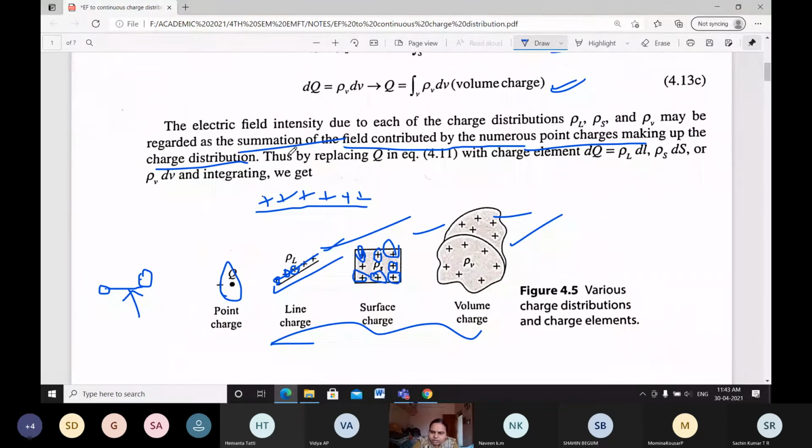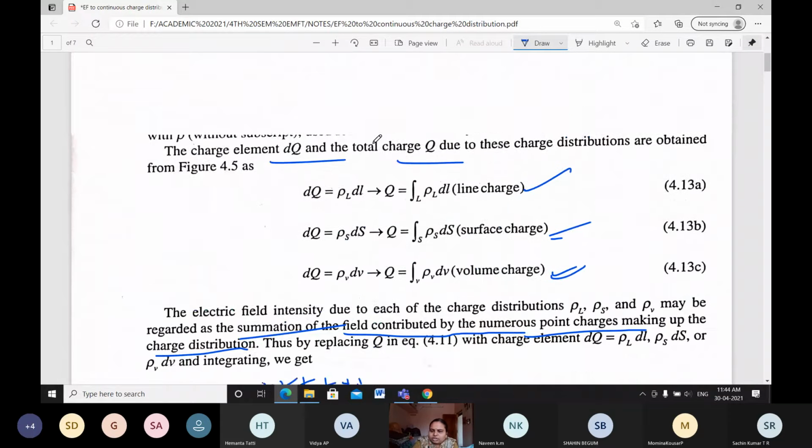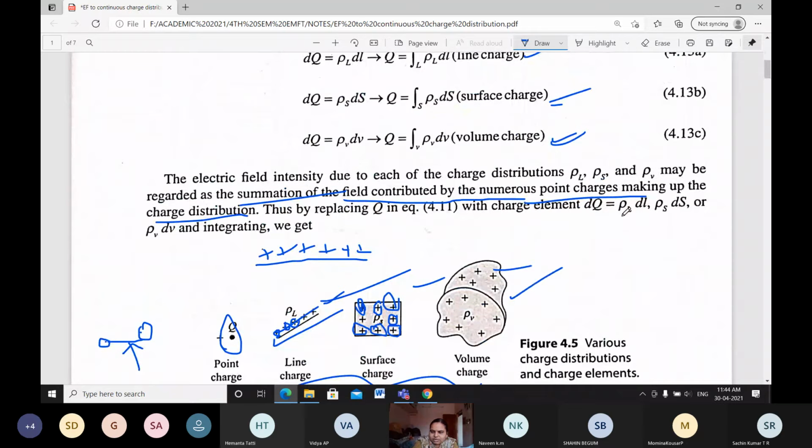Then dq is going to be replaced by rho L dl, or in terms of surface rho S dS, or rho V dV, and taking the integration we will come to know the equation.